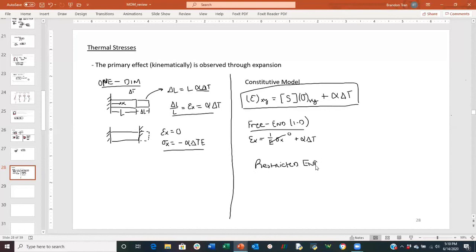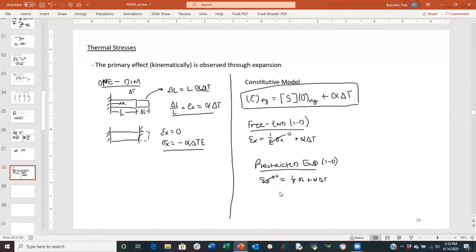So for the restricted end, again, 1D. Now there is no expansion. So epsilon x is the one that goes to 0, whereas everything else, 1 over the Young's modulus times sigma x plus alpha delta T, pertains.